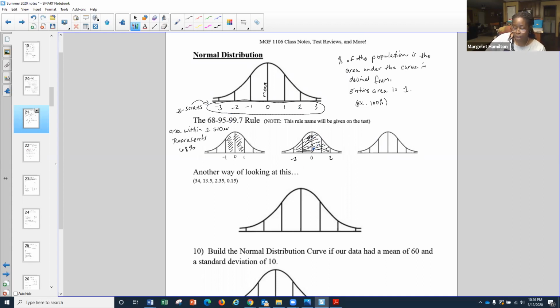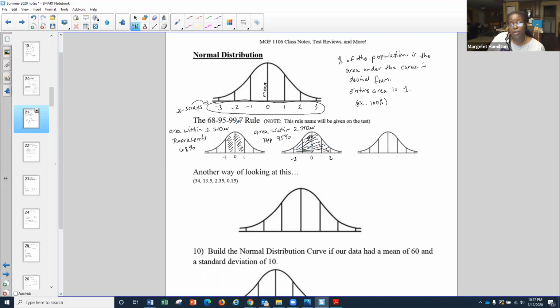So this area right here represents 95% of our population. So 95% of our population will fall within two standard deviations of our mean.